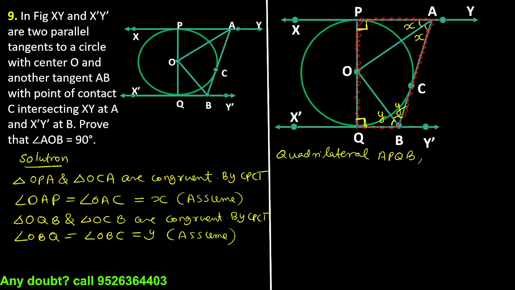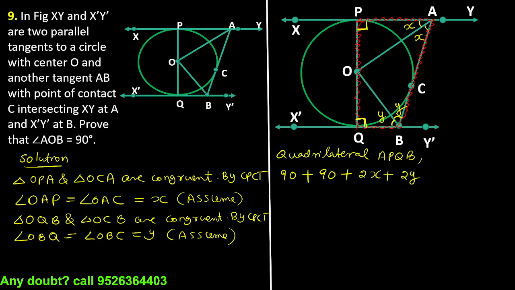So I am adding all these angles. This angle is 90. I am writing only the important steps. This angle is 90. This angle is x plus x, which is 2x. And this y plus y will be 2y.